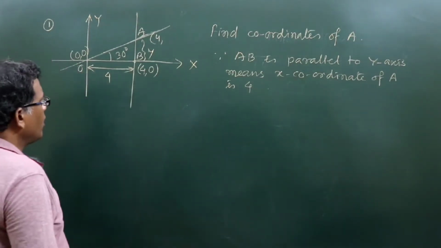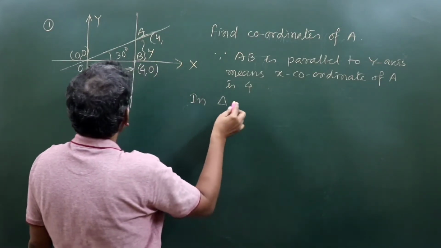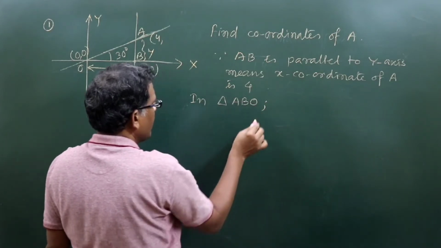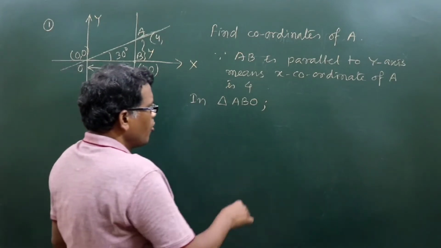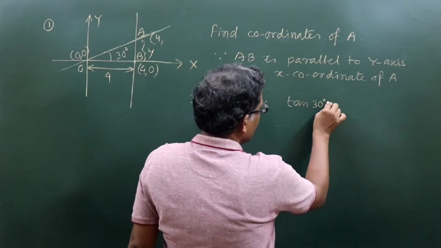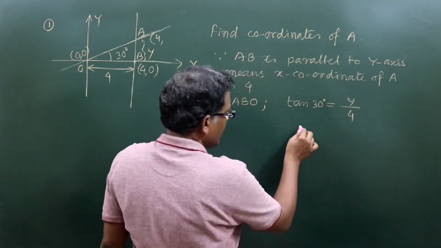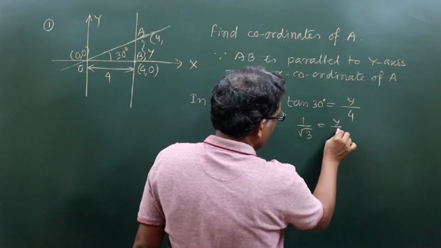So then in triangle ABO, this right angle triangle, we can write tan 30 degrees is y by 4, right? And tan 30 degrees is 1 by root 3, that is equal to y by 4.